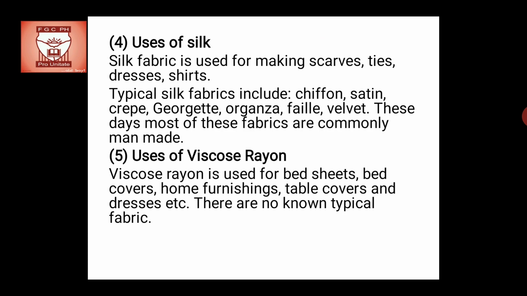Now I want to look at the uses of silk. We said that silk fabric is used for making scarves, the ones that women tie on the head, ties that men wear on the neck, dresses, and various other shirts. Typical silk fabrics include chiffon, satin, crepe, Georgette, organza, faille, and velvet.